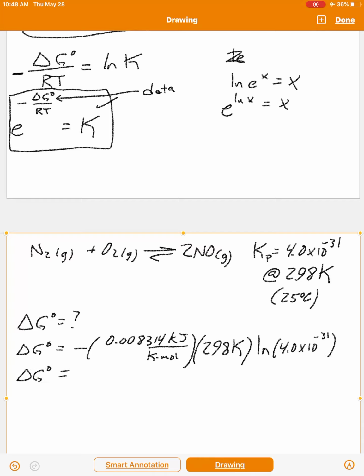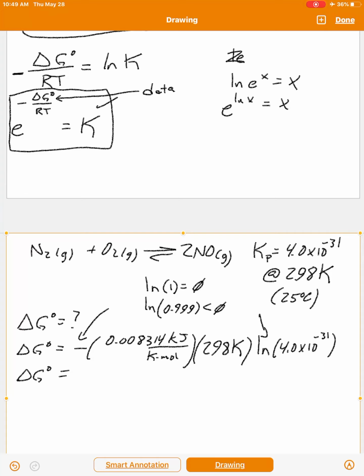Now let me ask you a question. Do you think this delta G is going to be positive or negative? Let's think about it. There's a negative in front, right? But the question is, when you take the log of a number, is it going to be positive or negative? And here's the way to tell. The log in any base of 1 is equal to 0. So if the number you're taking the log of is less than 1, even 0.999, it's going to be negative.